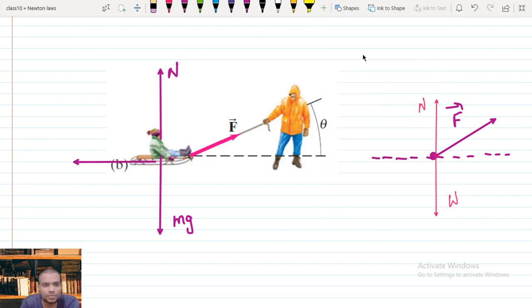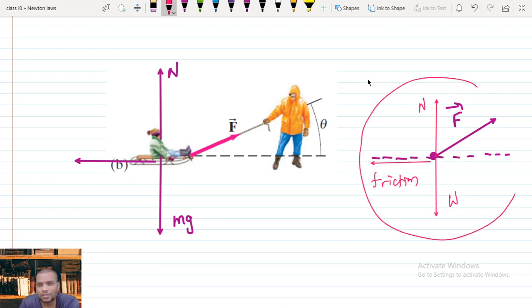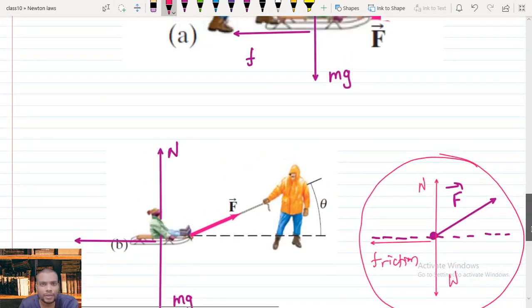The friction force acts opposite to the applied force direction. If I draw the friction force here, this is the friction force direction. So this is friction. These are the total forces acting on the boy who sat on the sledge. So this is how we represent free body diagrams.